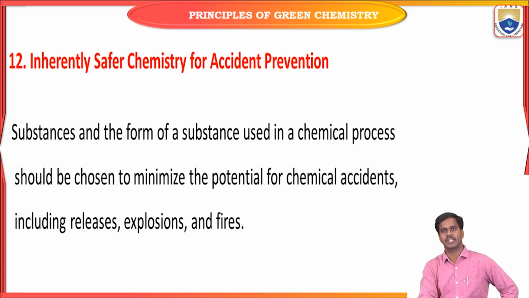That is safer chemistry for accident prevention. So these are the principles of green chemistry. By applying these 12 principles of green chemistry, we can minimize the formation of pollution to the environment.